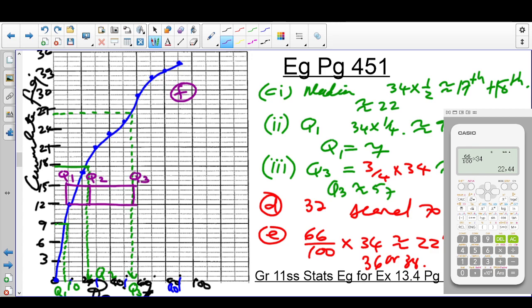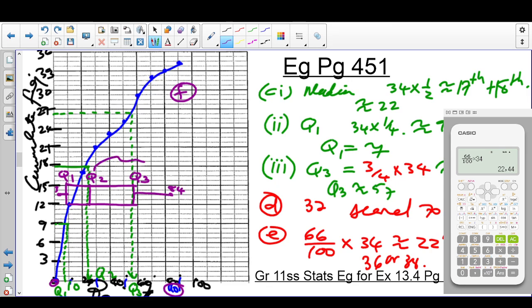The lowest value comes in at 3. If this is 0, 3 is approximately there. And the maximum value is 84. So 90 is here, so 84 is approximately there. So there's your box and whisker diagram.